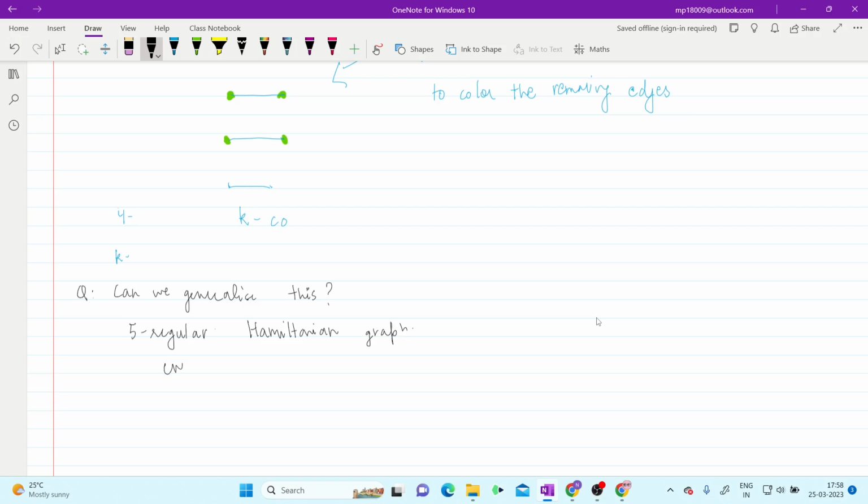We'll know that this graph will have an even number of vertices. So first we use two colors to color the Hamiltonian cycle, like before. But now if we remove this Hamiltonian cycle, since it is a 5 regular graph, after removing it, it becomes a 3 regular graph.